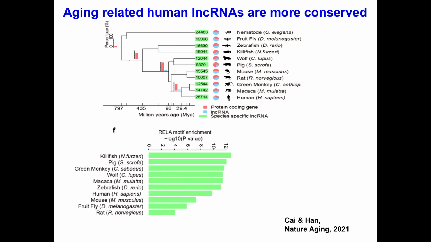And surprisingly, or reassuringly, we found that the top enriched motif on these lincRNAs is actually controlled by the number one inflammatory master regulator, the NF-kappa B transcription factor.